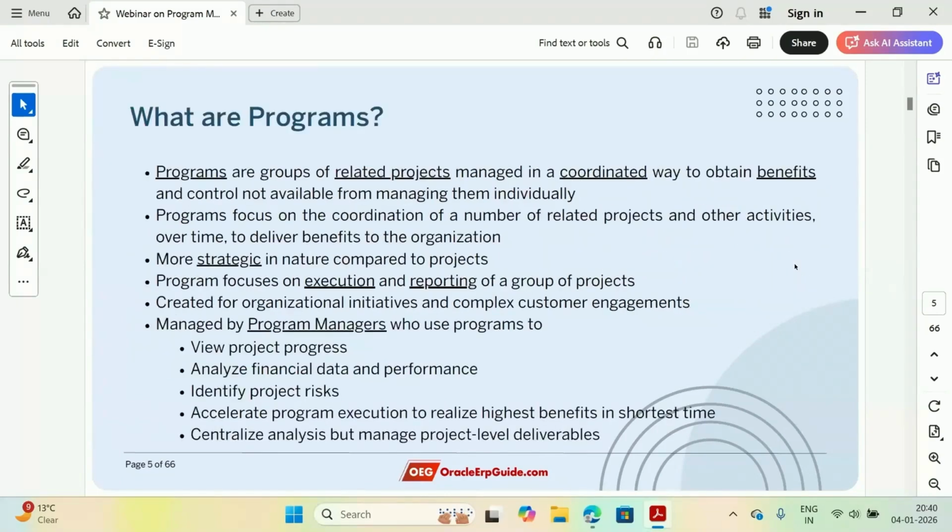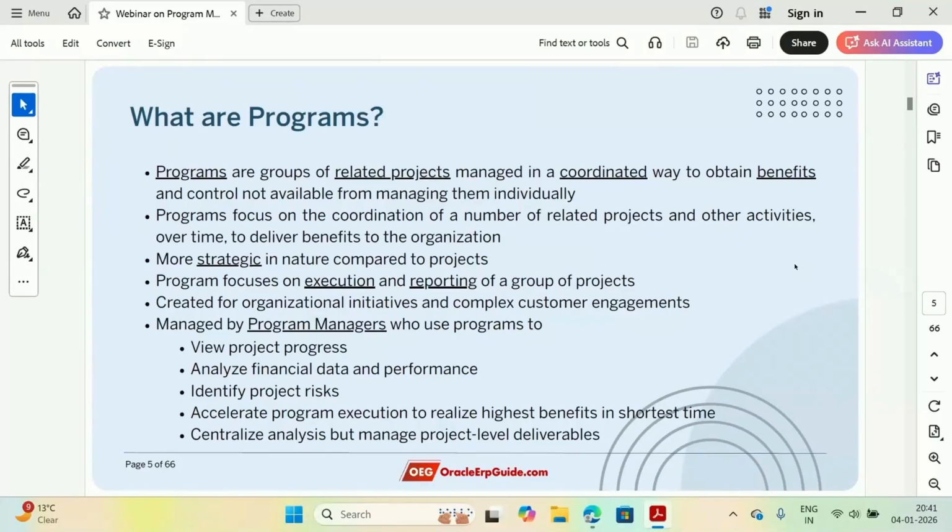Okay, so what are programs? Programs are groups of related projects. Basically, when you take some projects and they are related to each other and you form some group, then the group may be called a program. Okay, and they are managed in a coordinated way, to obtain certain benefits.